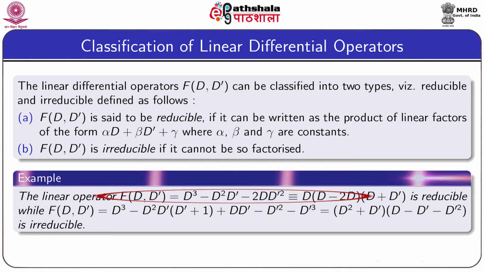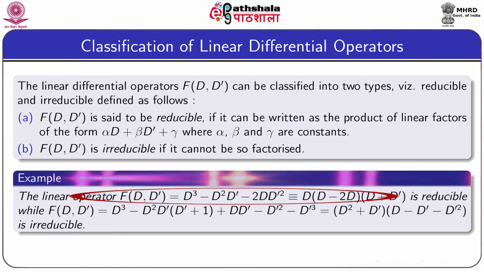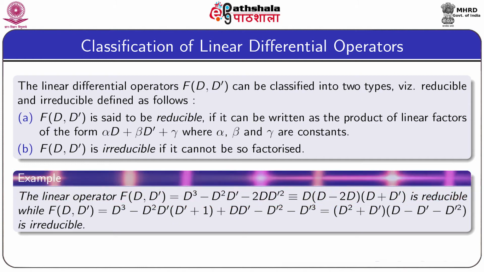In this example, capital F is D cube minus D square D' minus 2 D D' square. Now, if we factorize this F, we get the factors D into (D minus 2D') into (D plus D'). In these factors you can see that all the factors are linear. So, this F is reducible.